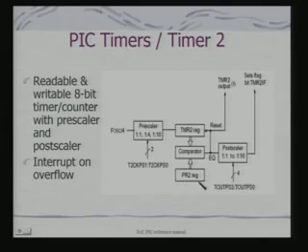If I set a value to this register, a comparator can compare the timer value with the preset value, and if it is equal, I can reset the timer. I can change the value depending on the requirements, and reset the timer on the fly. So you can see this kind of functionality is provided with timer 2.